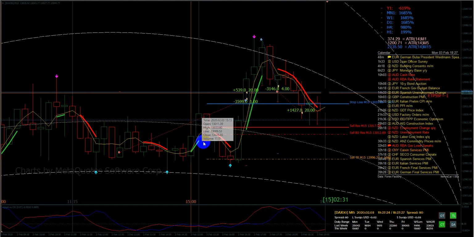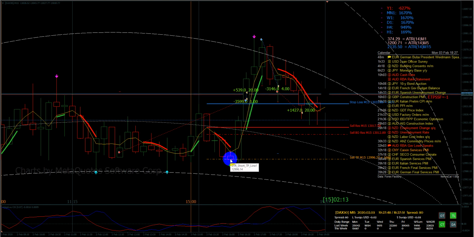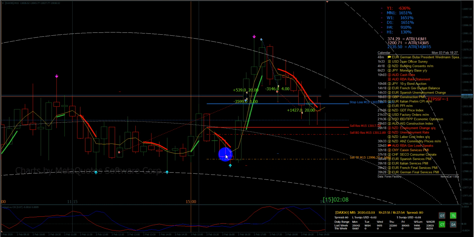So another engulfing candle, and the price returned well into the zone. So the trade would have been triggered right there, and the take profit would have been hit right there, and that would have been another 16 pips. So in the worst scenario, I would have 16 pips plus 16 pips minus 15 pips. That would have been 17 pips in profit.